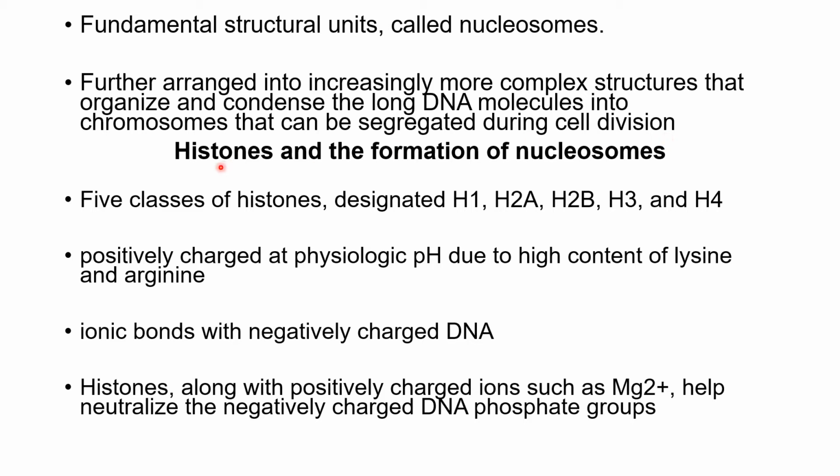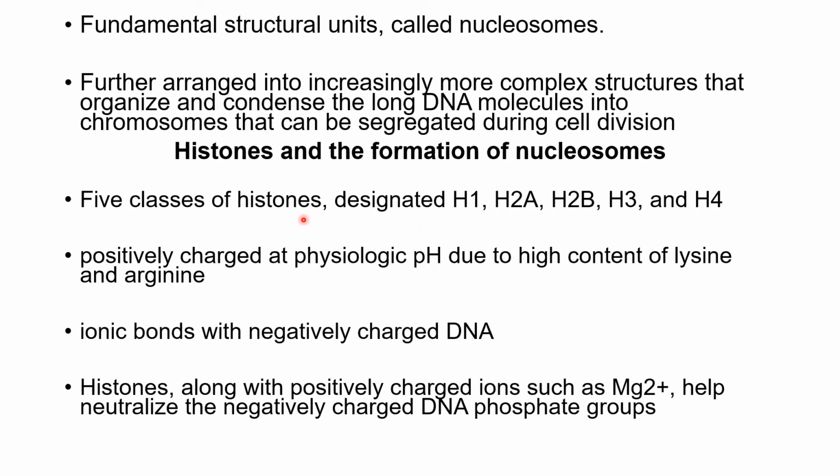Now, how do these histones interact with the DNA so as to form the nucleosomes? Nucleosomes are the structural units of the chromosome or chromatid. There are 5 classes of histones, designated as H1, H2A, H2B, H3 and H4. These 5 classes of histones interact with the DNA so as to form the compaction.